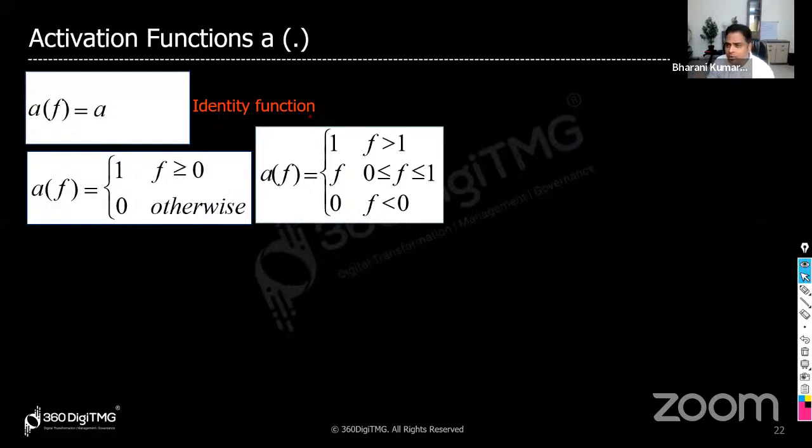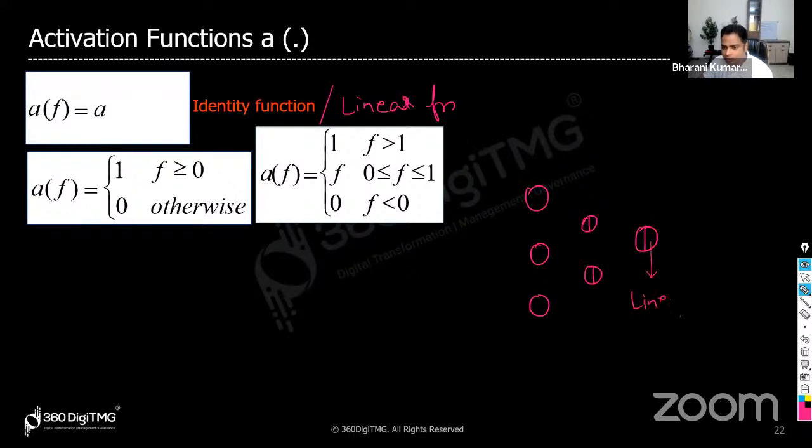You have the identity function, which is also called a linear function. Linear function doesn't do anything, friends. Suppose in your output layer you have used the linear or identity function.